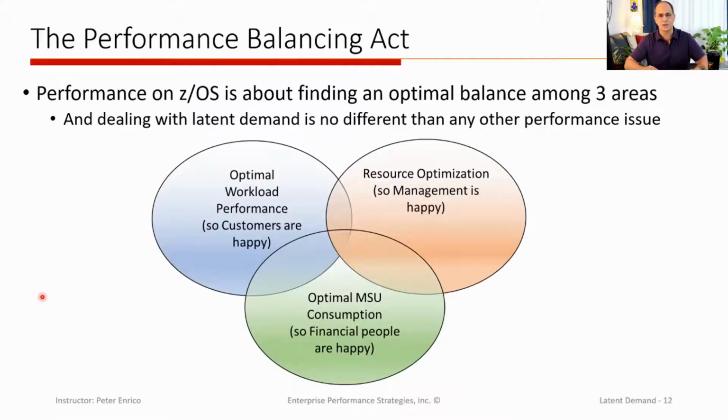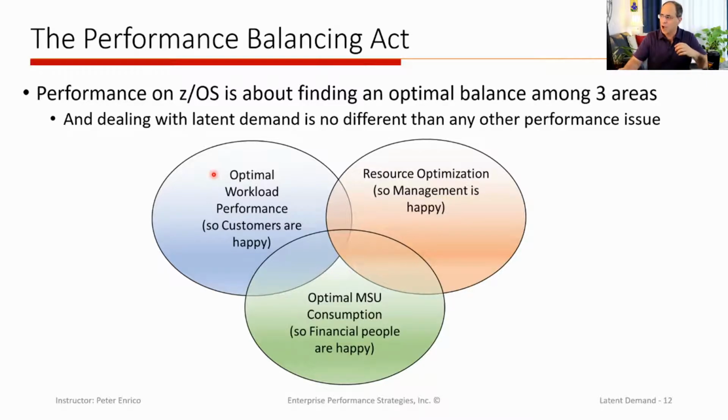So I always like to show this chart. And what this chart is helping me understand, for you folks who are performance analysts, you know that in the mainframe environment at least, you have 3 primary performance responsibilities. I'm not going to go through them in any great detail in this particular presentation, but understand that your 3 responsibilities include optimal workload performance, which means we have to get our workloads performing optimally.